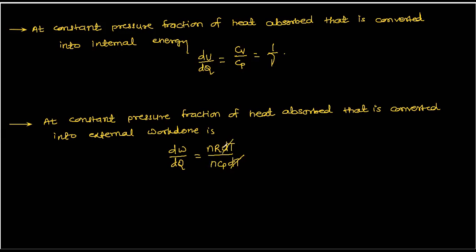Then this dT and this dT cancel, this n and n cancel. So what is left? R by Cp.